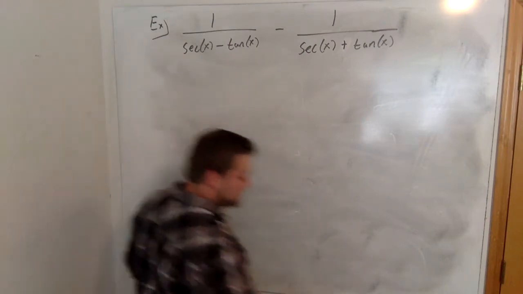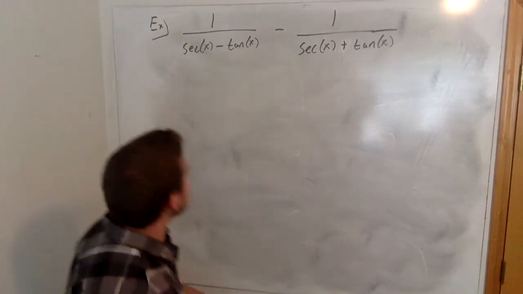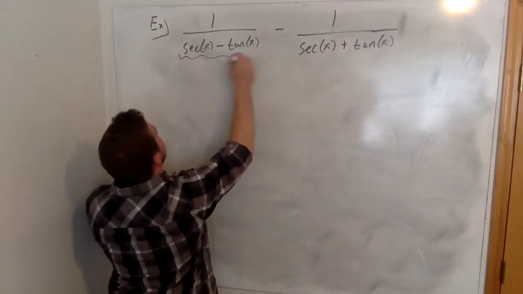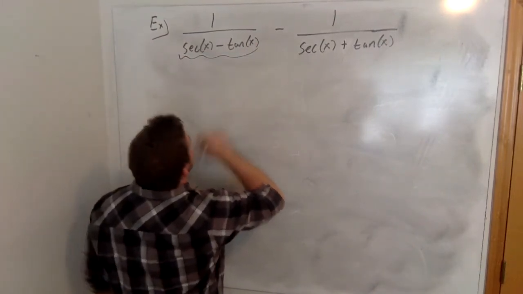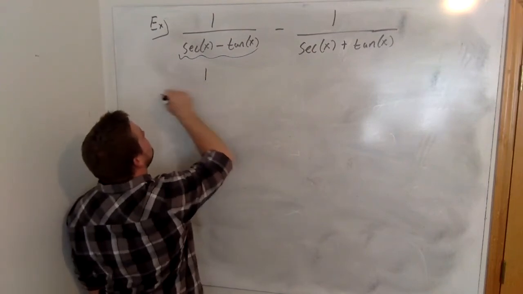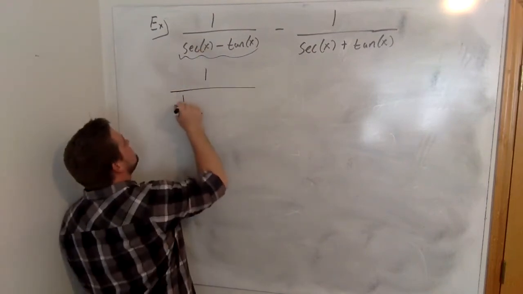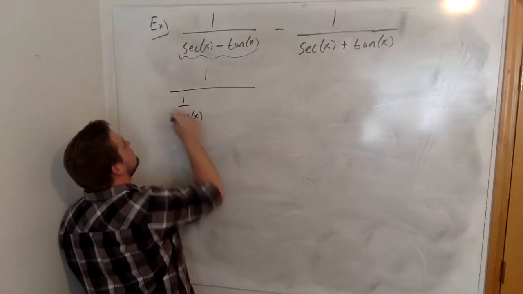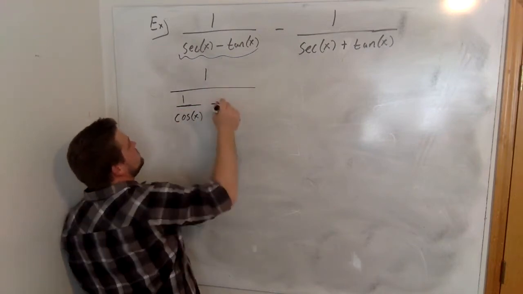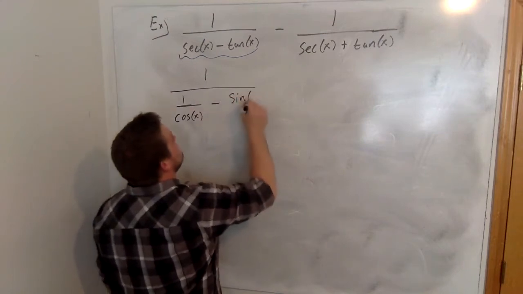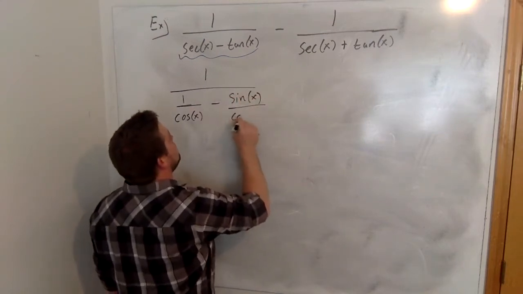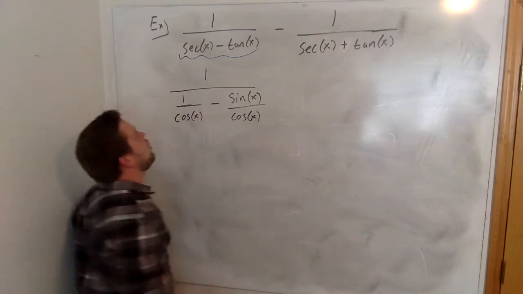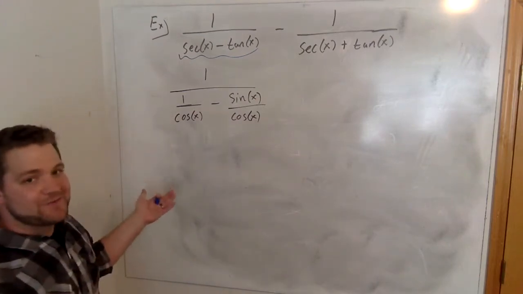So let's focus on each of these pieces separately. Let's look here and see what we can do with this. Well, this is a 1 all over. Secant is the same thing as what? 1 over cosine of x. Tangent is the same thing as sine of x all over cosine of x. Well, that is incredibly convenient.